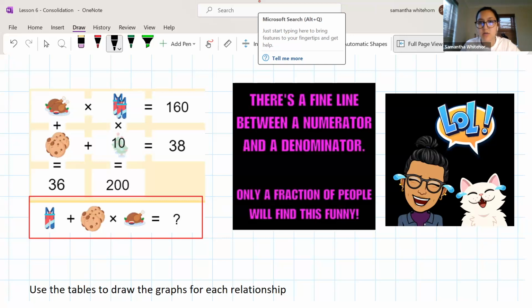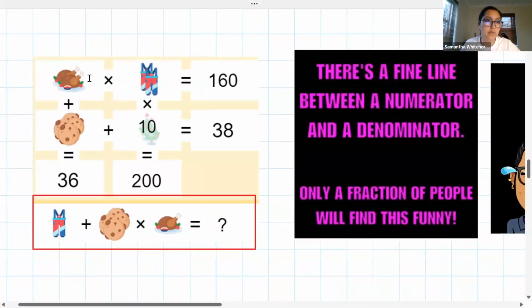And guys, just take note. I'm just going to zoom in. Take note of how many chickens there are, how many dungarees there are, and how many chocolate chip cookies there are. Just be careful.